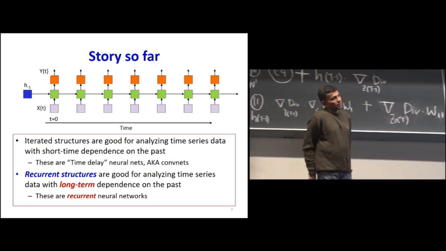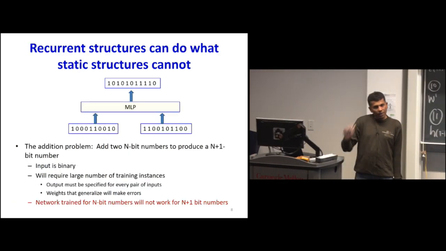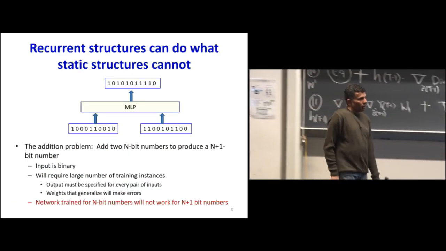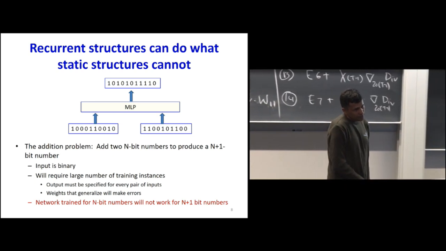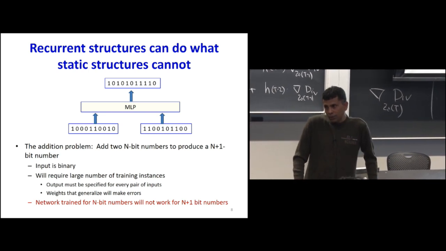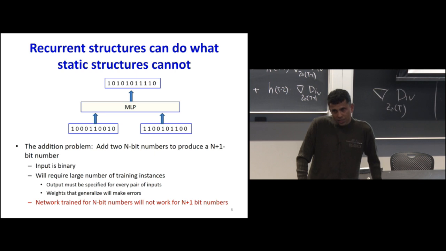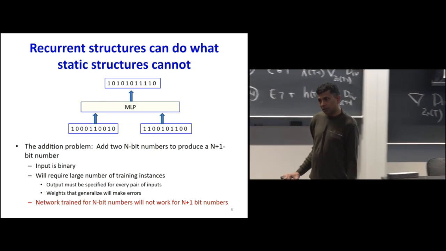Let me give you an example. Let's say I want to train a little neural network which is going to take two n-bit inputs and produce a single n+1 bit output. This is just a standard network. How complex would this network be?